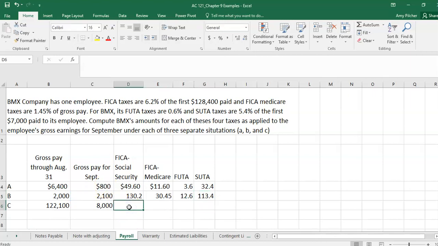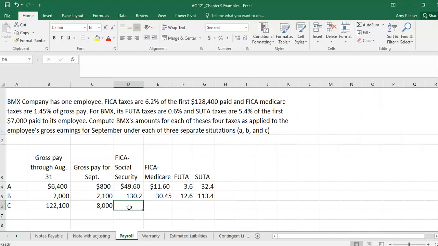In situation C, this person had already hit the $7,000 unemployment tax threshold. So there's no unemployment tax on their earnings. They're almost at the $128,400 amount. So we would have to see how much of their pay is subject to FICA Social Security tax.